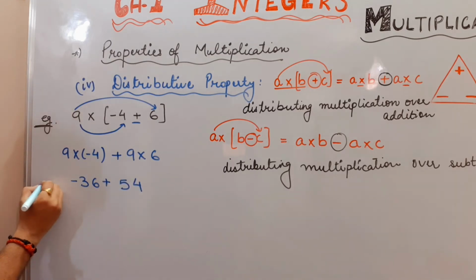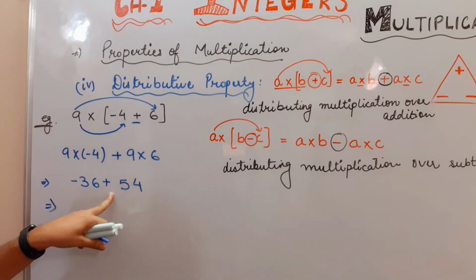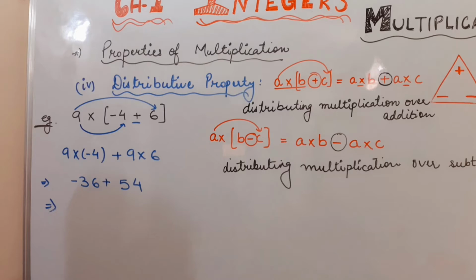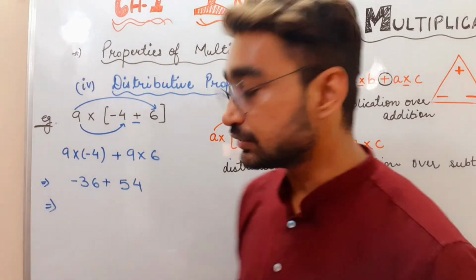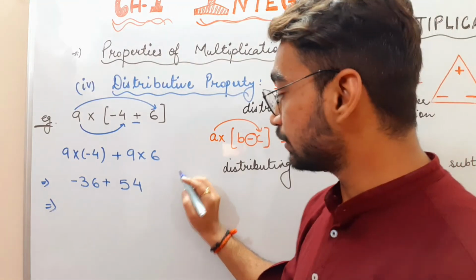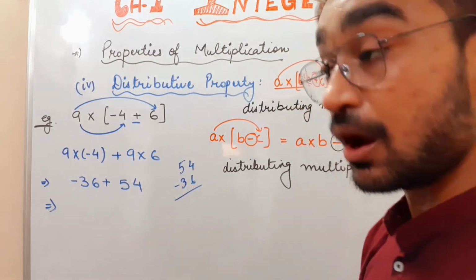Now I have to use my normal rule. The normal rule says that if one number is negative, one number is positive, with the symbol of addition between them, I have to subtract both the numbers. 54 minus 36. How much?